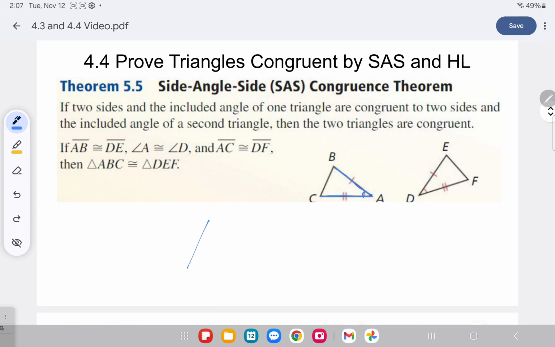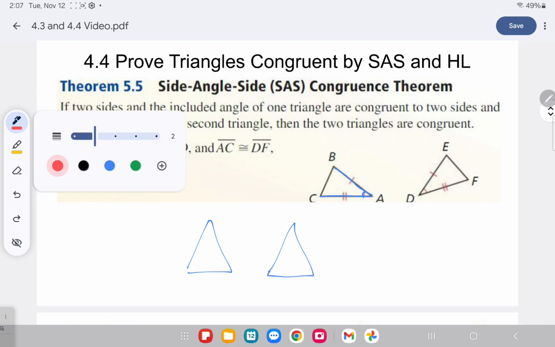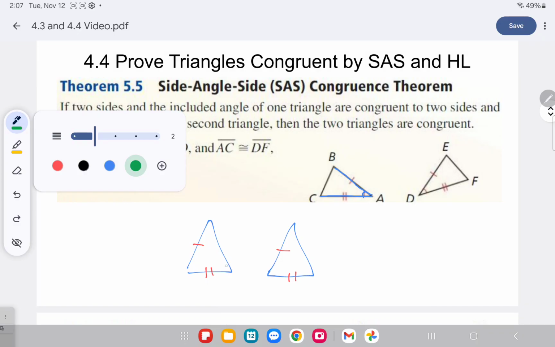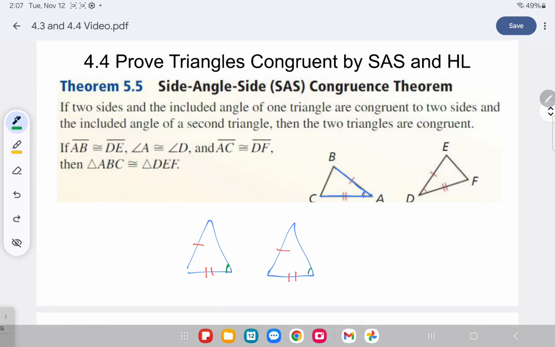So if I had 2 triangles and I said that this side and this side are congruent and this side and this side are congruent, if I showed that this angle is congruent to this angle, that is not SAS because that angle is not the included angle. It's just a random angle.